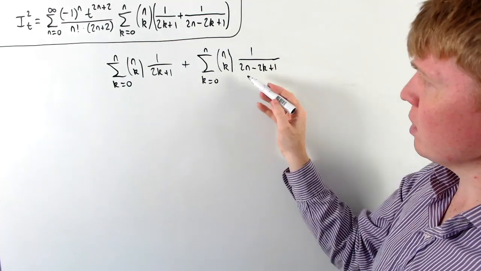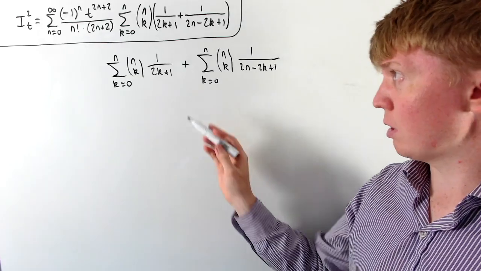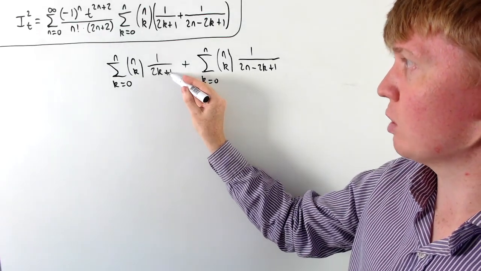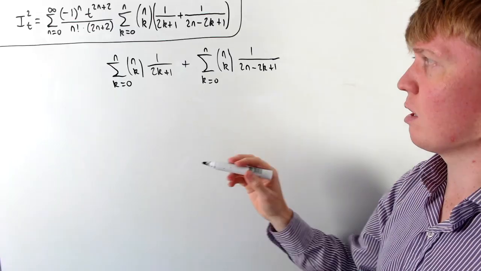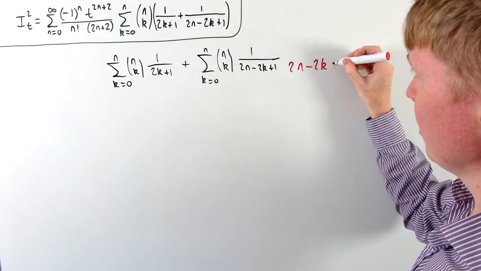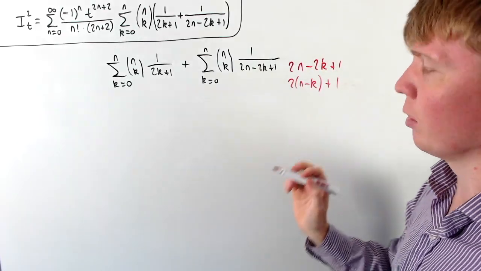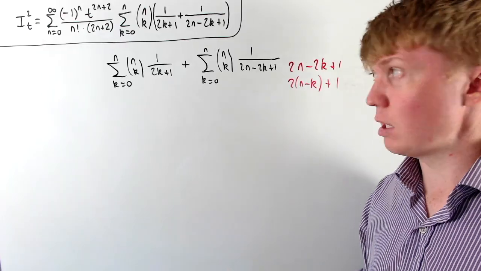There's something quite interesting going on with this 2n minus 2k plus 1. This is almost the same as having 2k plus 1, especially as k varies between 0 and n. We can write 2n minus 2k plus 1 as 2 times n minus k plus 1. And then we could actually introduce a different variable.